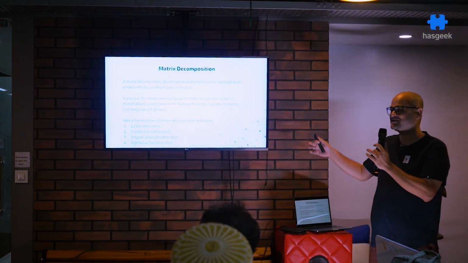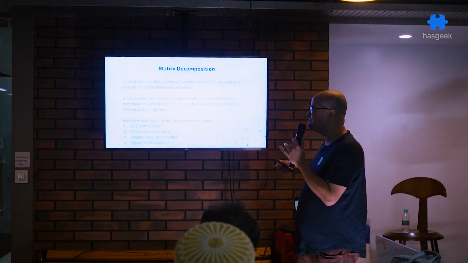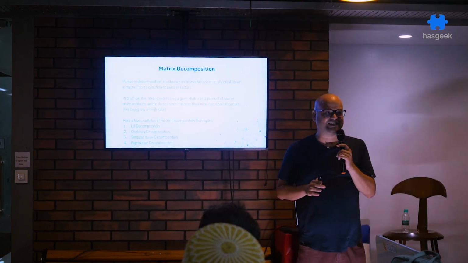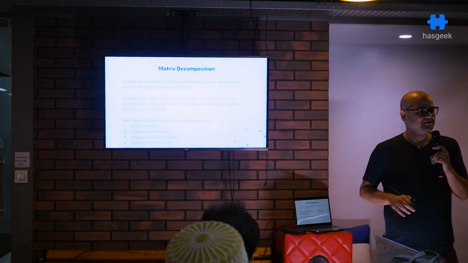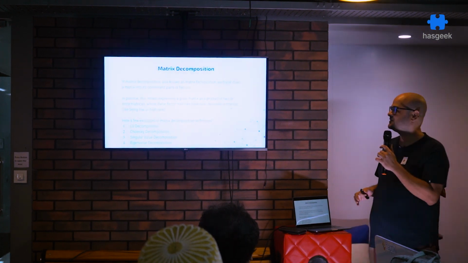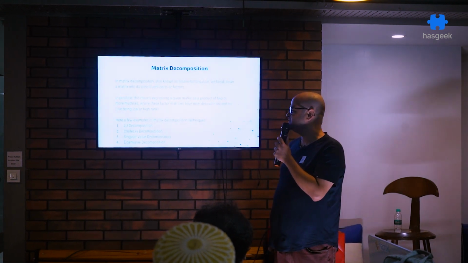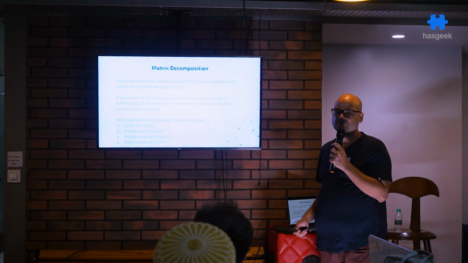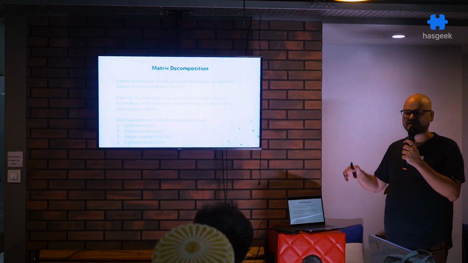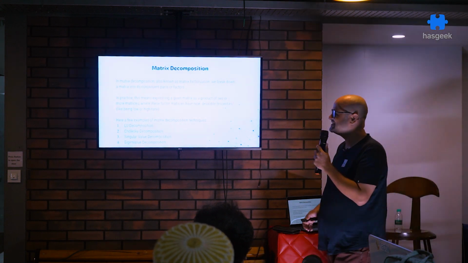Sometimes they are upper triangular, sometimes they are lower triangular, sometimes they are completely diagonal, right? A lot of nice properties which lets us do meaningful things with them, right? And so we are going to specifically look at singular value decomposition right now, which is how we come up with that whole low rank thingy.